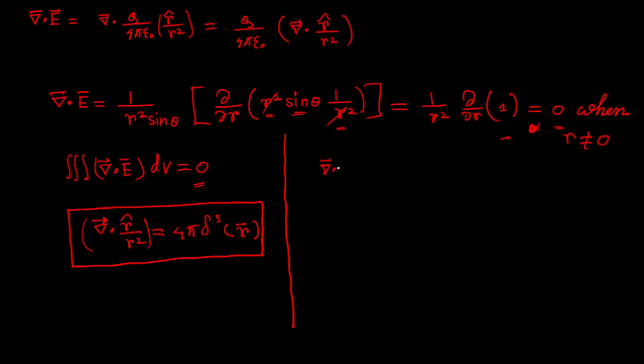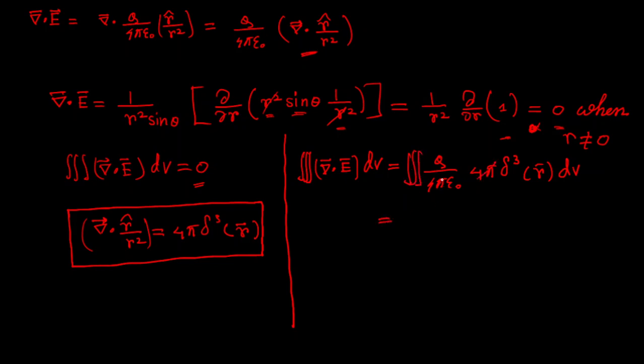We'll get the divergence of E dv. So if we take the volume integral of this term and replace the value of this divergence, we'll get Q divided by 4 pi epsilon naught, and then 4 pi del cube r, and then we have to take the volume integral over the volume of the sphere.